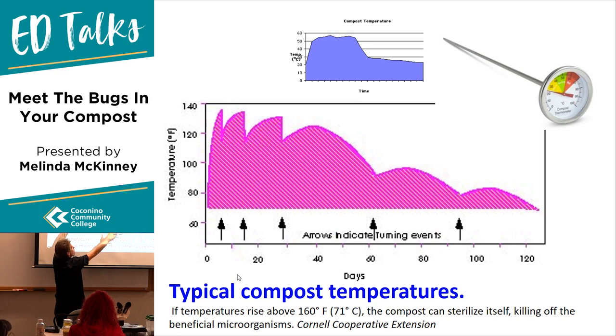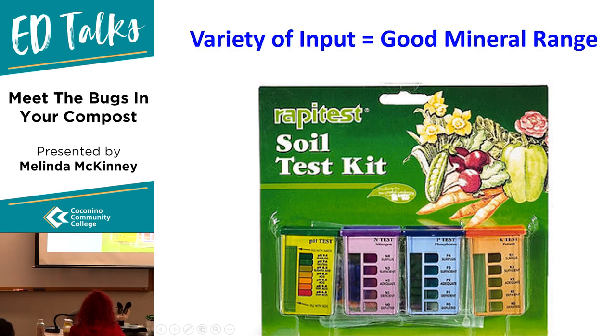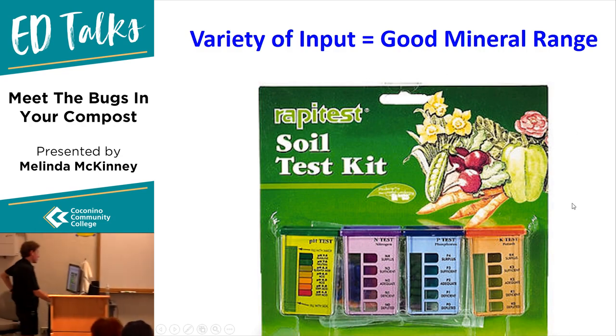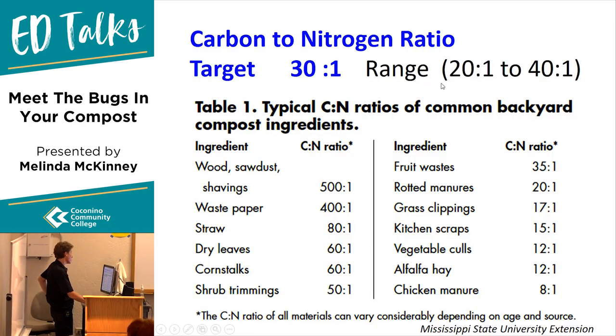So they suggest not going over 140 to prevent sterility from killing off certain microbes. And then also if you go over that, you could also have a fire risk, okay? If you don't turn it, that's the graph on the top, where it's pretty much heating up and then cooling down.